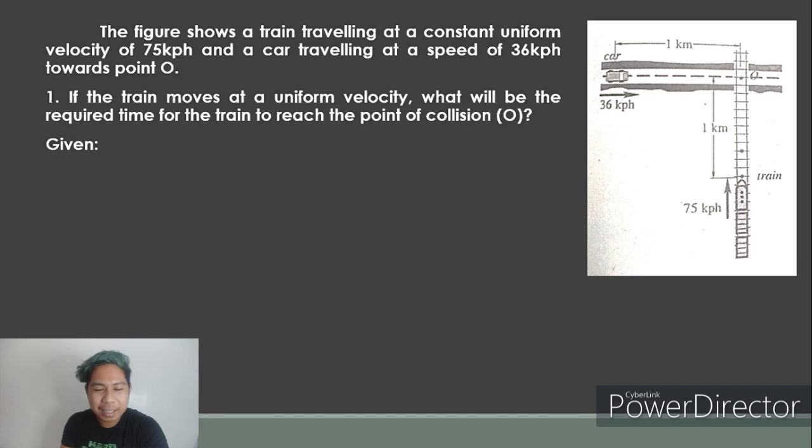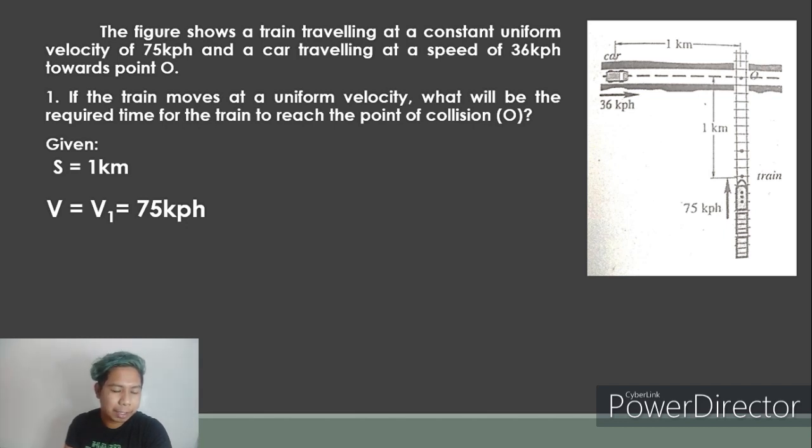So, una-una, sa pag-solve ng problem, syempre hanapin natin yung given. Ano ba ang given natin dito? So, una-una, we have the distance of the train towards point O, which is 1 kilometer. Then, we have the velocity of the train. V, or final velocity, is equals to initial velocity, which is 75 kilometers per hour.